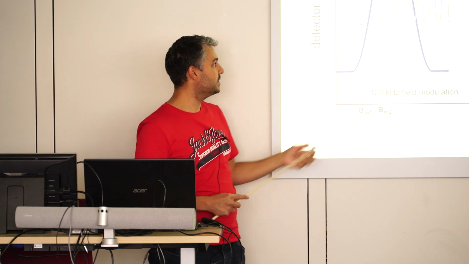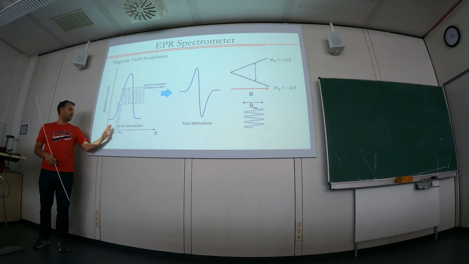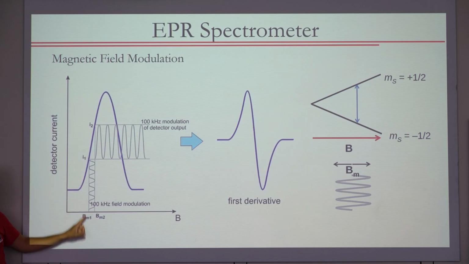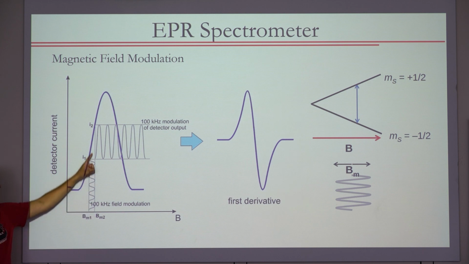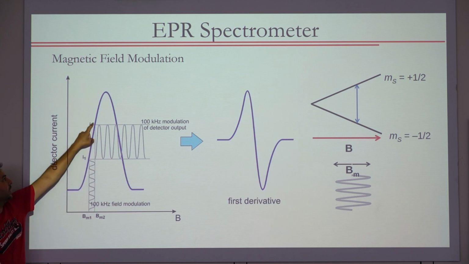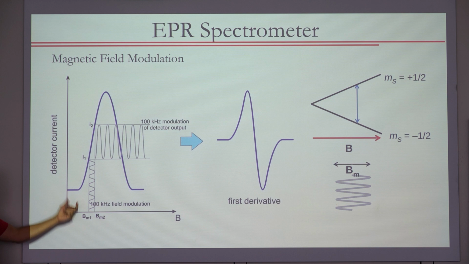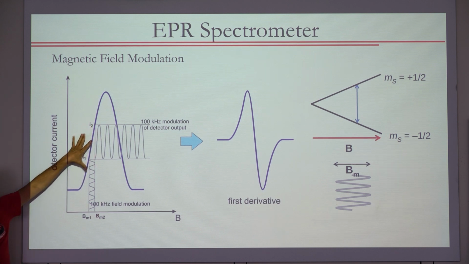So when you move the magnetic field, you are moving the signal. With this modulation of the magnetic field, your signal is proportional to the derivative of the actual absorption signal at that point. You can change the modulation from, I don't know, 0.01 millitesla to 1 millitesla in the Magnettech and 2 millitesla in the Bruker. If you increase your modulation, you increase your signal, okay?